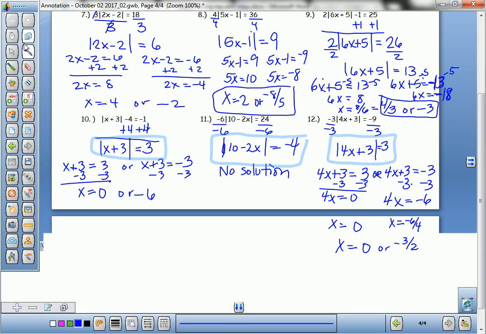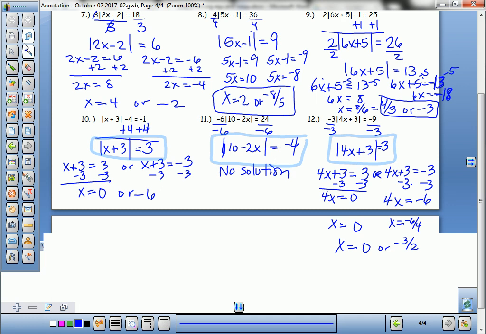Well, positive 0 and negative 0 are the same thing, right? So this is the only case where we truly just have one equation to solve. Okay? And so we get 2x equals 1, x equals 1/2.